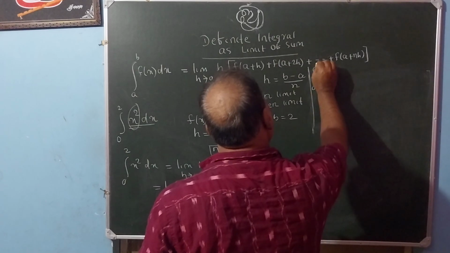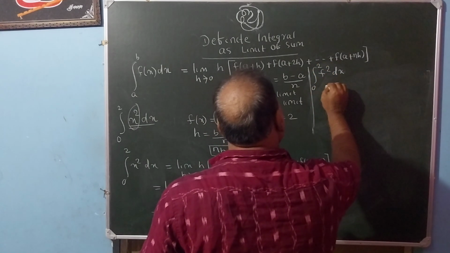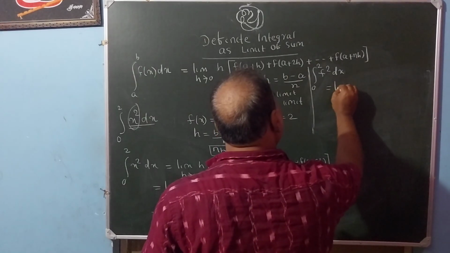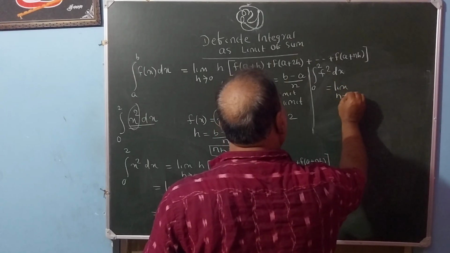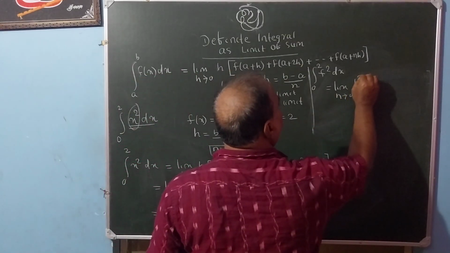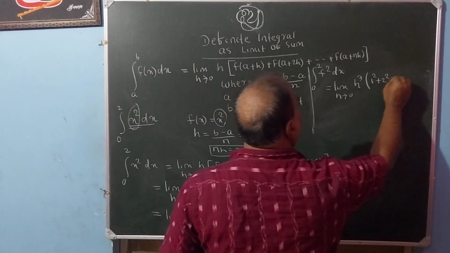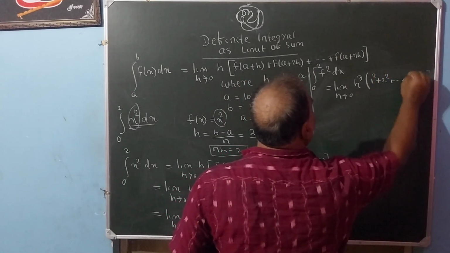The integral of 0 to 2 of x square dx can be written as limit h tends to 0, h cube taking common, we get 1 square plus 2 square, dot dot dot, n square.